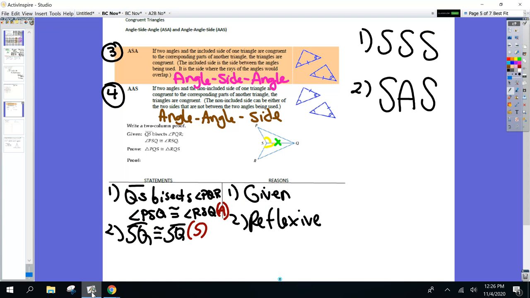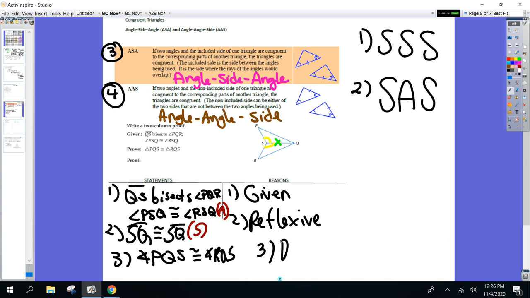Ellie, where's the third pair going to come from? Angle PQS is congruent to SQR because of the definition of the bisector. Unbelievable. PQS congruent to RQS. Put my angle symbol in there.